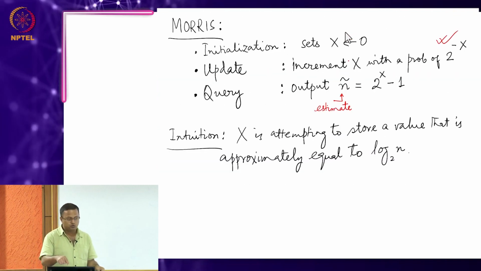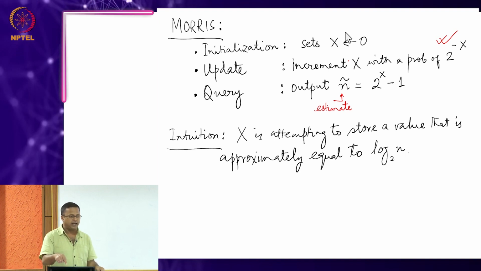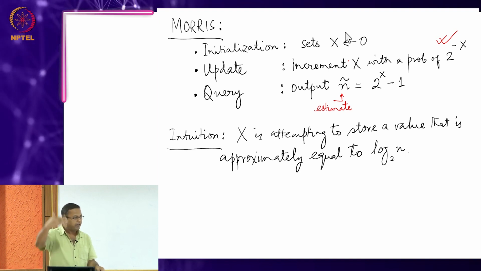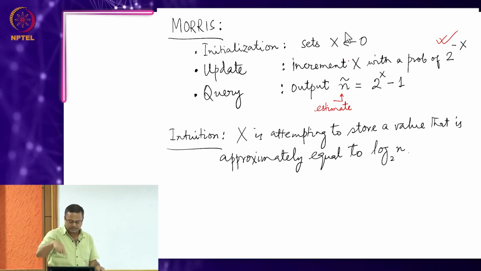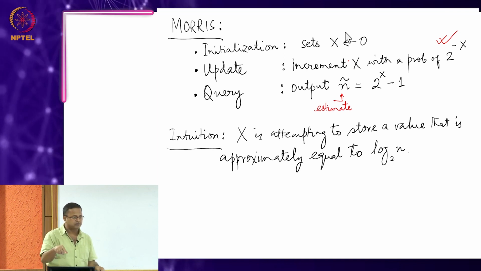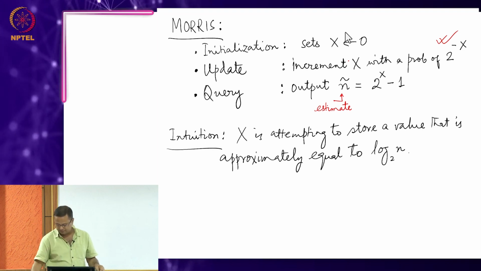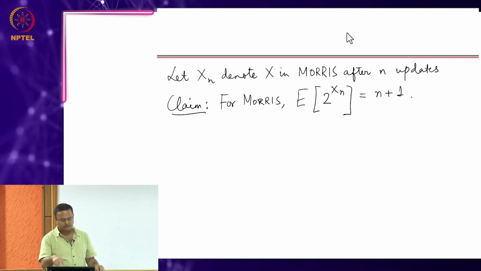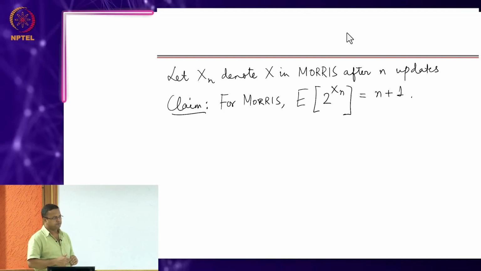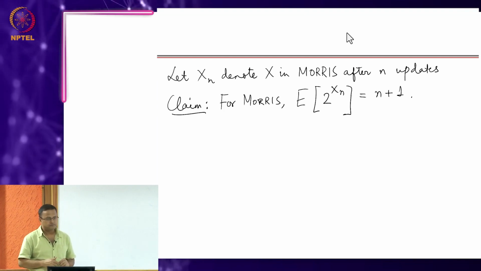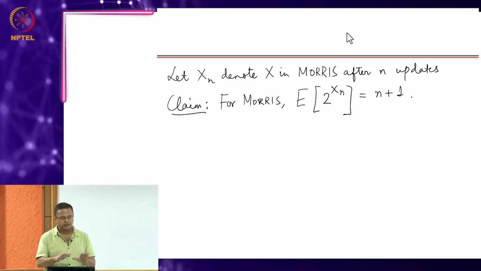I want the expectation of this n hat to be n. So, that means expectation of 2 to the x minus 1 should be equal to n. So, that is why I have that 1, right. That is the reason I had that correction factor.